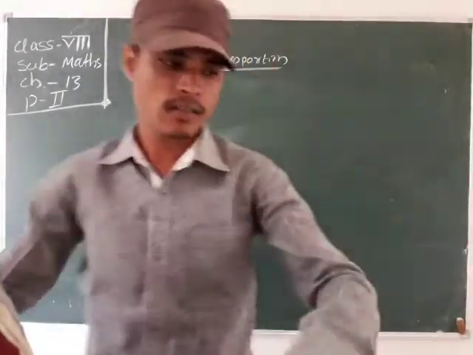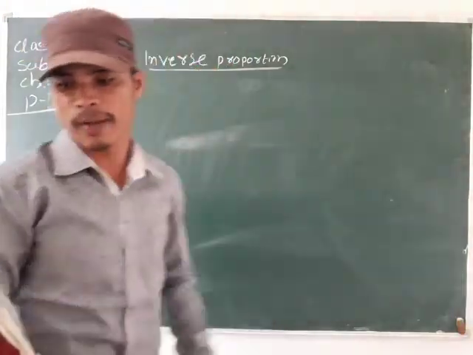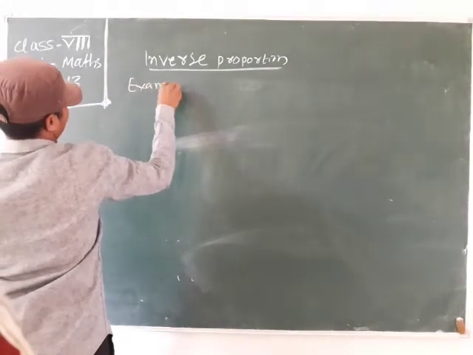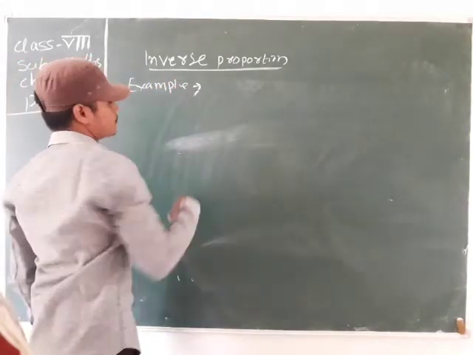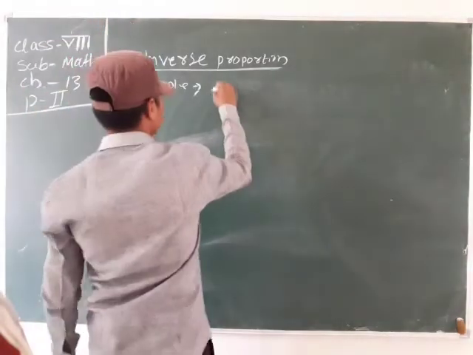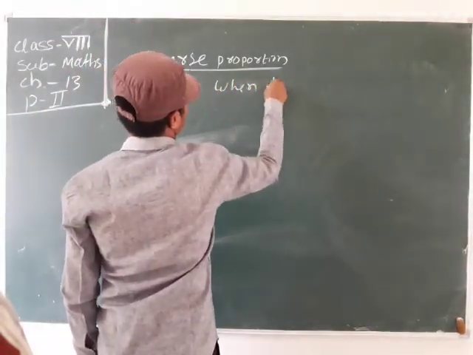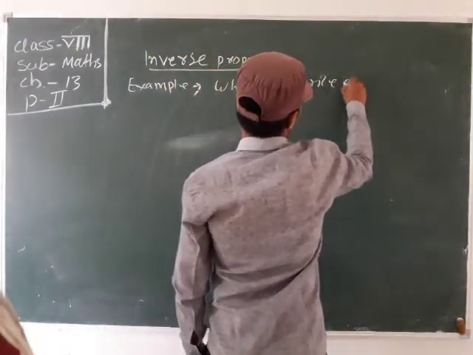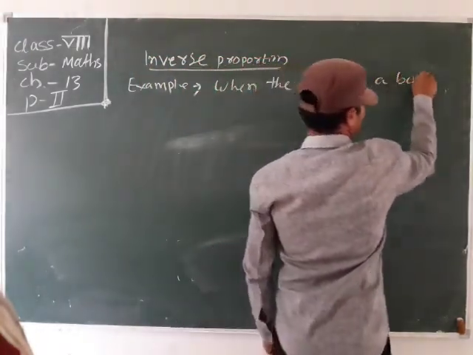See the board. When the price of a book is given, suppose a school wishes to spend 15,000 rupees.